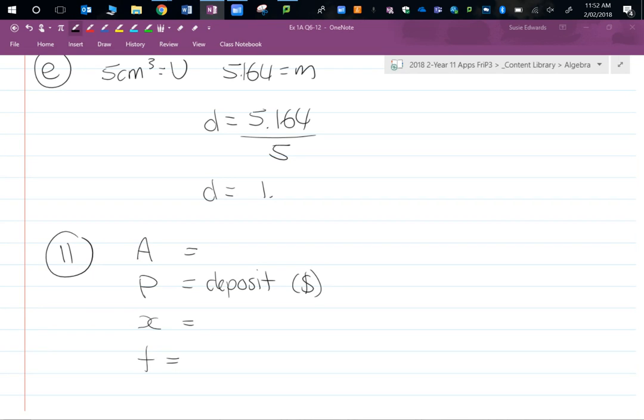Then it says earns interest at X% per annum. So what's X? X is a percent and it's the interest. Okay, so we define those two. Then it says compounded annually, the amount in the account after T years. So what's T represent? Years, or time in years.